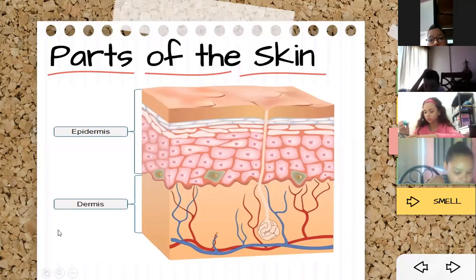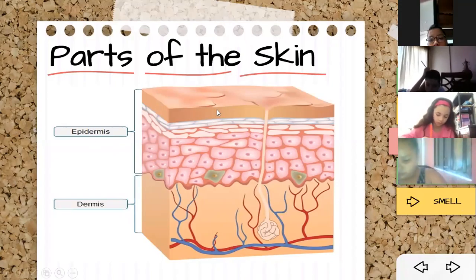It is under our normal skin, and it contains blood vessels, glands, and nerve endings. Also we have the epidermis. The epidermis is the external layer, the layer that we can see on our skin, and that covers the dermis.